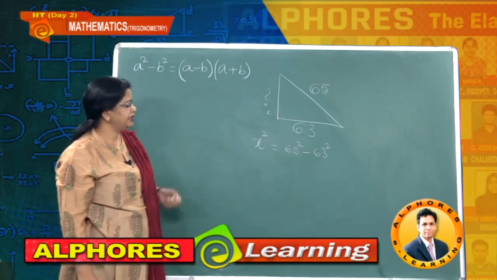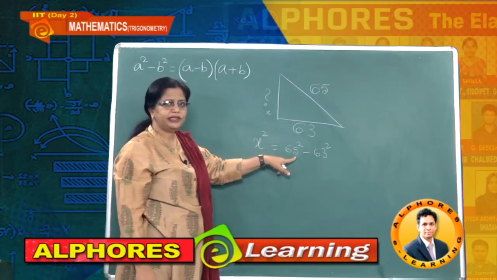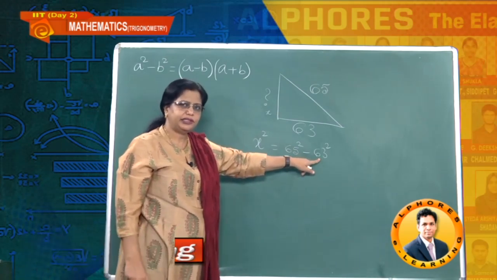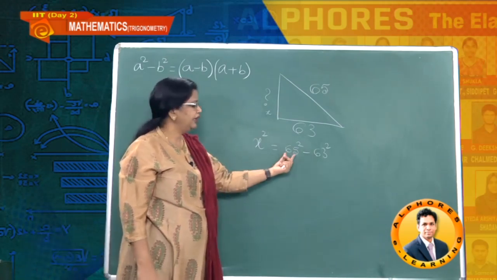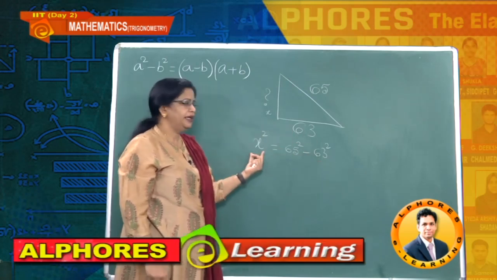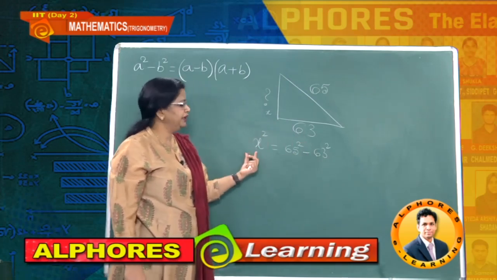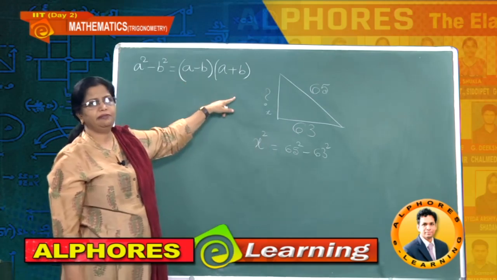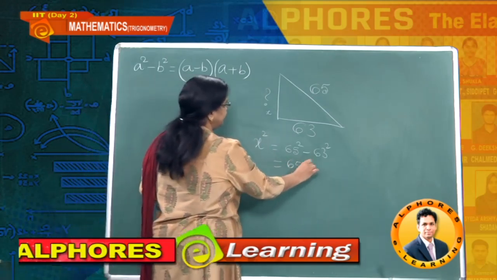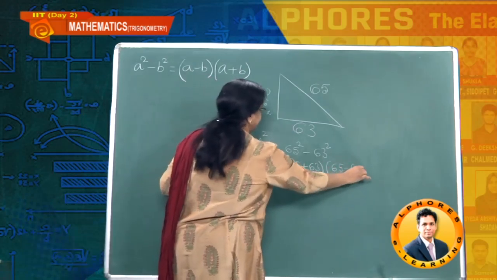Now once you write it this way, you would want to take 65 into 65 and 63 into 63, calculate, and subtract. After the subtraction you again have to take the square root, but this is a lengthy procedure. Instead you can simply make use of this formula. Thereby I can write this as 65 plus 63 into 65 minus 63.